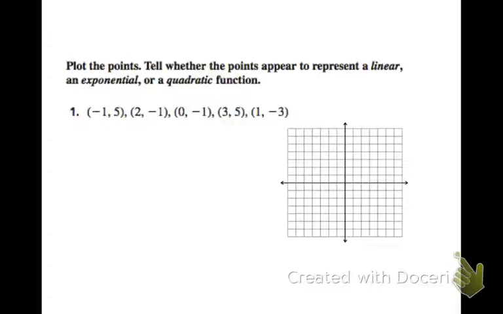So this example, we will plot, and I'm just going to number the number lines with a 1, a -1, and a 5, 2, and -1, 0, and -1, 3 and 5, and 1, -3.